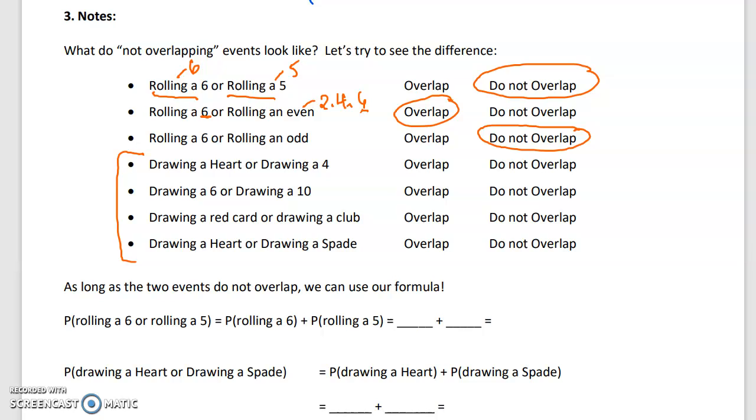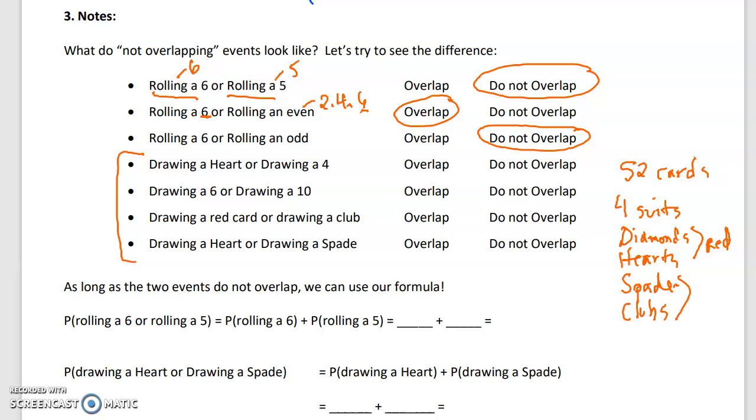Remember, a deck of cards has 52 cards, 4 suits, which are diamonds, hearts, and those are red, spades, and clubs, which are black. And then each suit has an ace, a king, a queen, a jack, and the numbers 10 through 2.